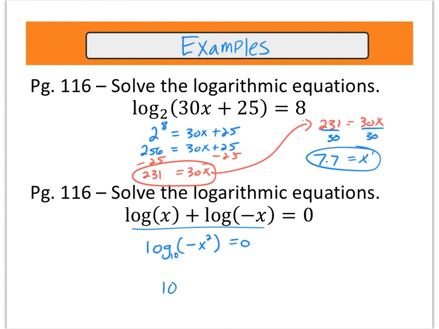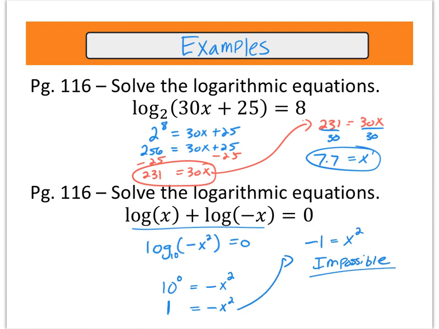This is 10 to the power of 0 equals negative x squared. And anything to the power of 0 is 1, so 1 equals negative x squared. Well, you're hopefully going to see that we run into this problem, because if I divide both sides by negative 1, I get negative 1 equals x squared, and this is impossible. This can't be solved, unless we have complex numbers, which we have not yet talked about.